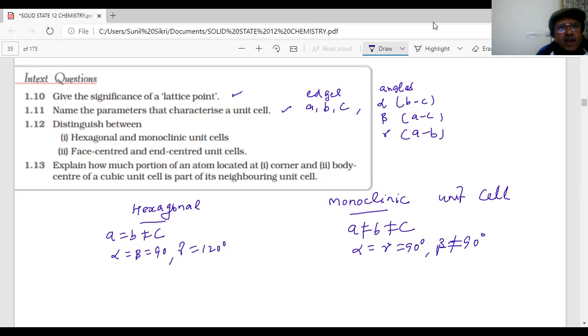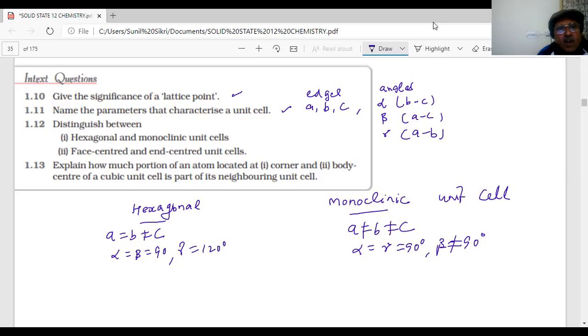What is the difference between face-centered and end-centered? In a face-centered unit cell, one constituent particle is present at the center of each face, apart from those present at the corners. And in end-centered, the constituent particle is present at the center of any two opposite faces, apart from the ones present at the corners.